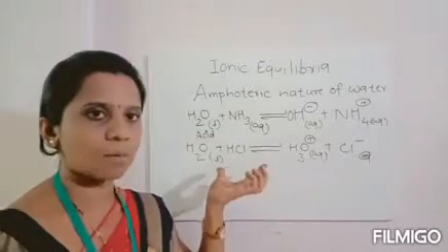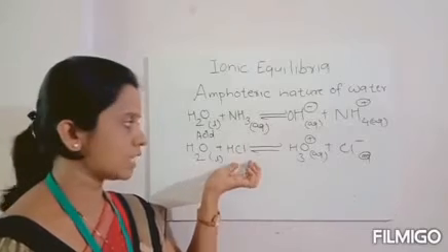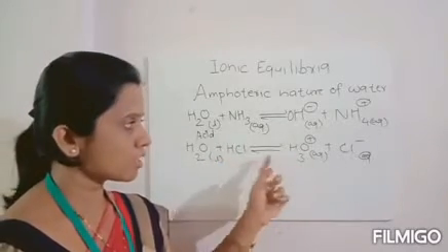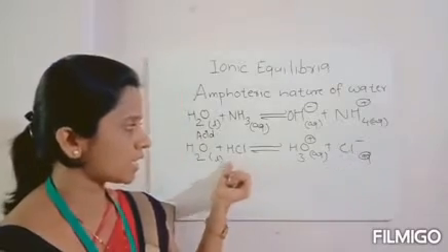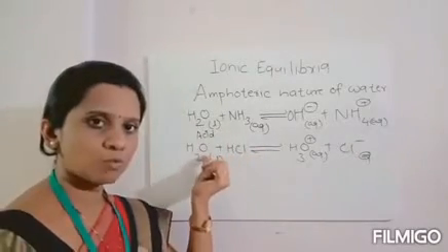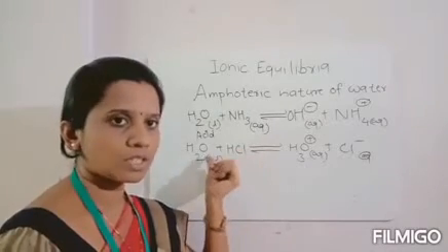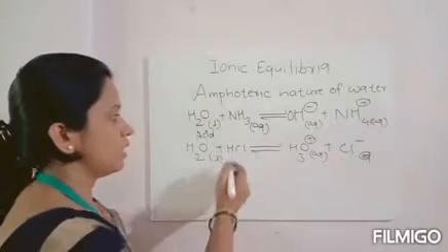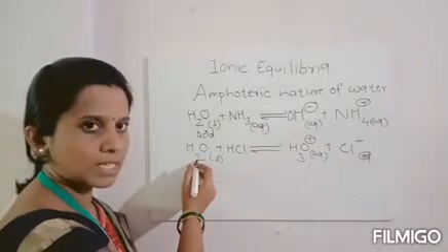Now in the second example, see, water is reacting with HCl. So in this case what is the product? H3O plus and Cl minus. So HCl, hydrochloric acid, is giving a proton to water. So HCl is a proton donor, and water is a proton acceptor.